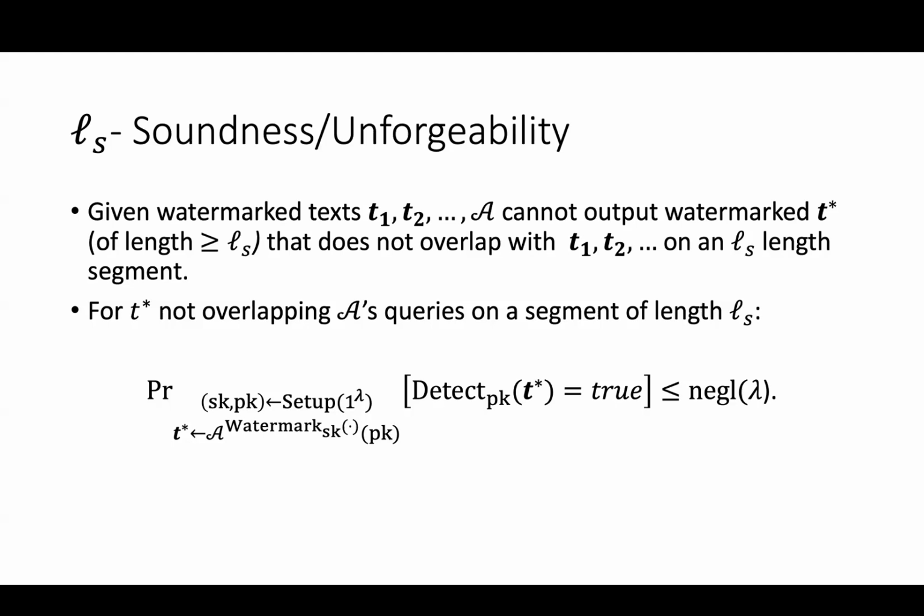The attacker has access to these watermarked texts, and it needs to come up with a new text T star that does not overlap with T1 to TL, all the watermarked texts it has seen, on any segment of length ls. The moment it overlaps on a segment of length ls, it could potentially be watermarked. But if it's not, then it cannot have the watermark preserved anymore.